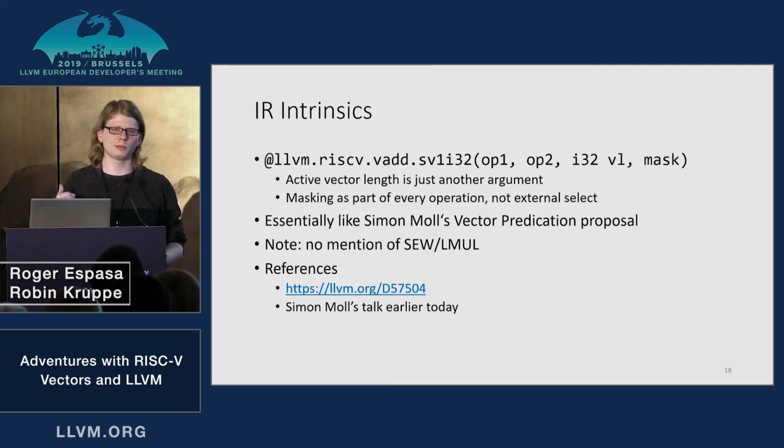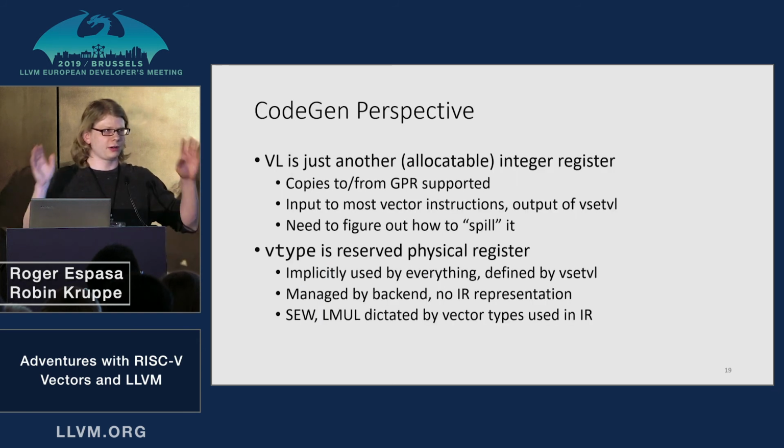That is essentially what Simon Moll has been proposing with his vector predication patches as target-independent intrinsics. And you can find the patch there, and you may have been at Simon Moll's BOF talk earlier. The other thing to notice is SEW and LMUL are not mentioned at the IR level. It's implicit in the vector types we use. So that covers the IR representation.